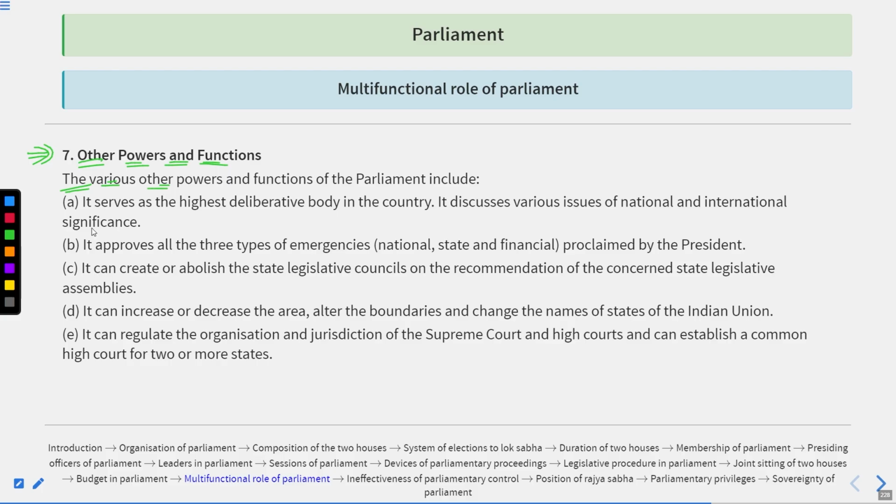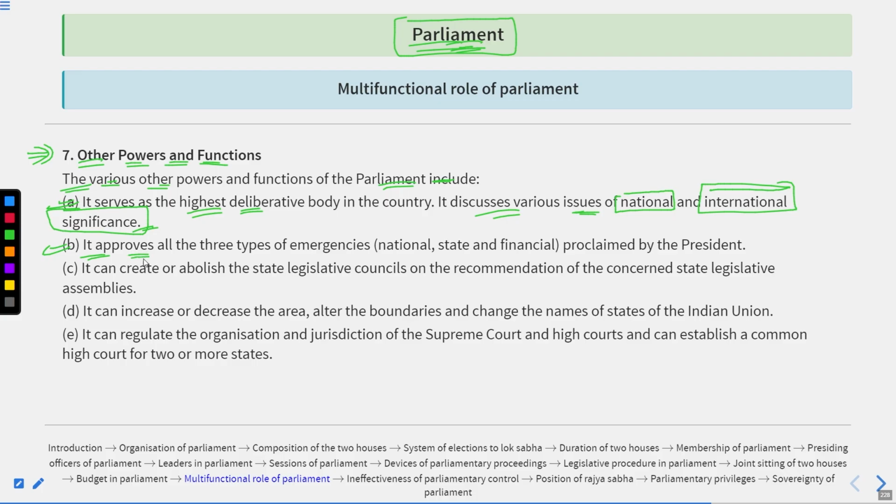The various other powers and functions of the parliament are like this. First, the parliament serves as the highest deliberative body in the country. It means it discusses various issues of national and international significance. Almost each and every issue of the nation or within the territories of India could be taken up and discussed by the parliament.